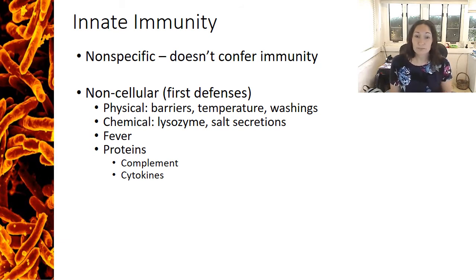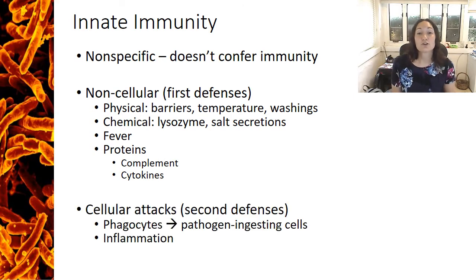We have fevers, and then we have different proteins that are involved in these defenses. There's also cellular parts of the innate immune system, and so we'll talk about the different cells that make up the innate immunity and what their job is, what their role in phagocytosis is, and we sum it all up in the end, which is inflammation, which really brings all of these innate immune properties together into one thing.